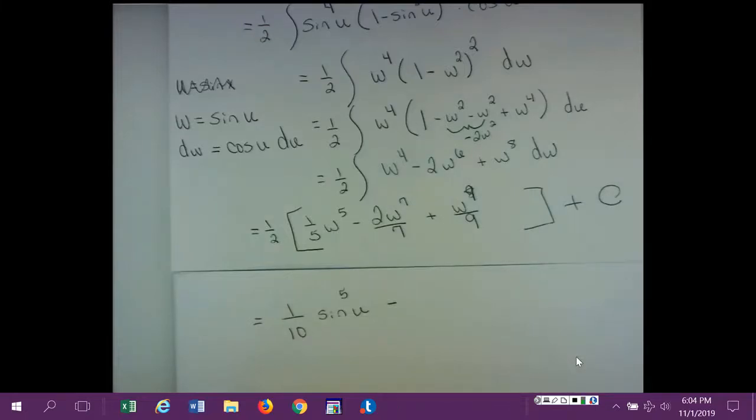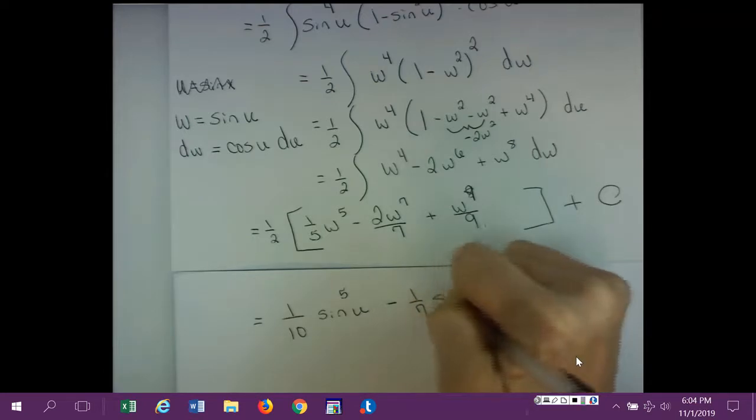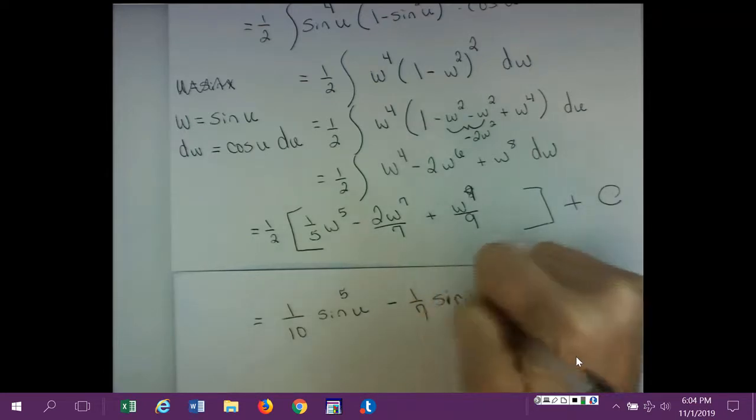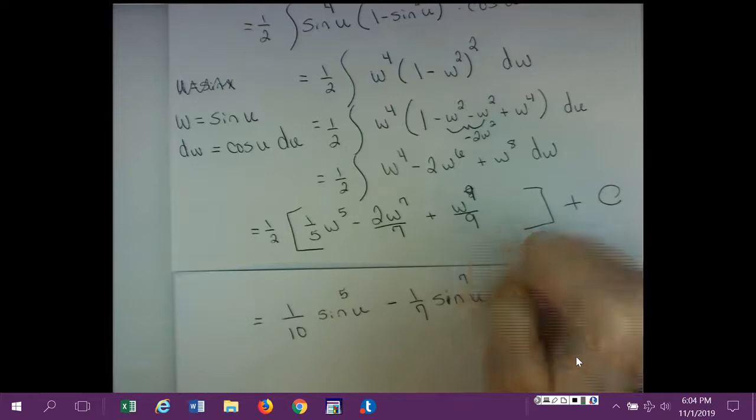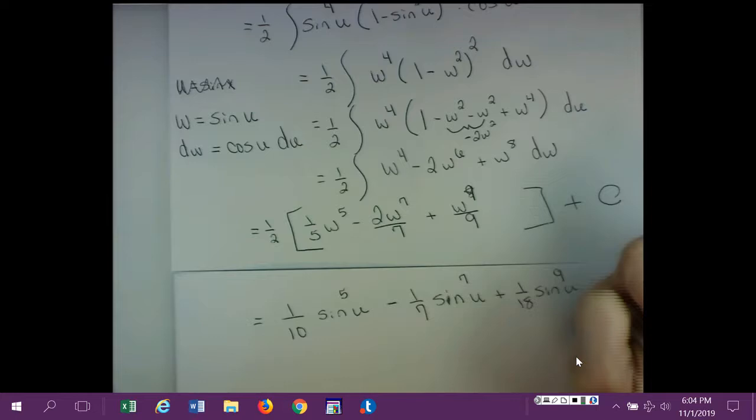Looks like the 2's would cancel. And that would be minus 1 over 7 sine of u to the 7th power plus 1 over 18 sine of u to the 9th power.